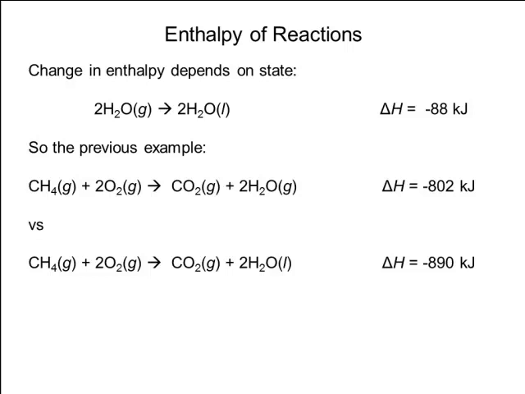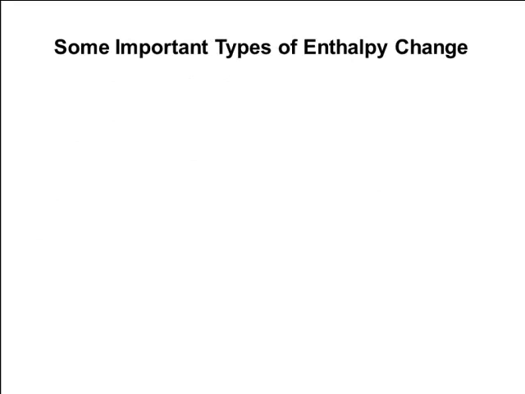So if I add the negative 88 kilojoules to the negative 802 kilojoules, I get my overall negative 890 kilojoules. So with these enthalpies and these reactions, states are very important because changing the state is going to change the energy.